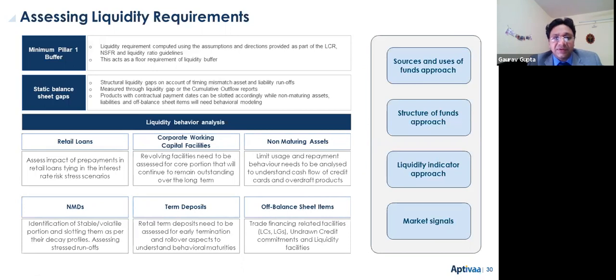Banks generally borrow short and lend long, but they keep a certain level of cash or high quality liquid assets in the short term bucket. So in the structure of the bank balance sheet, in the short term profile they will be in cash surplus. In the mid term profile, they will be in cash deficit. And again, in the long term maturity buckets, they will be in cash surplus, because most of the assets will have matured.